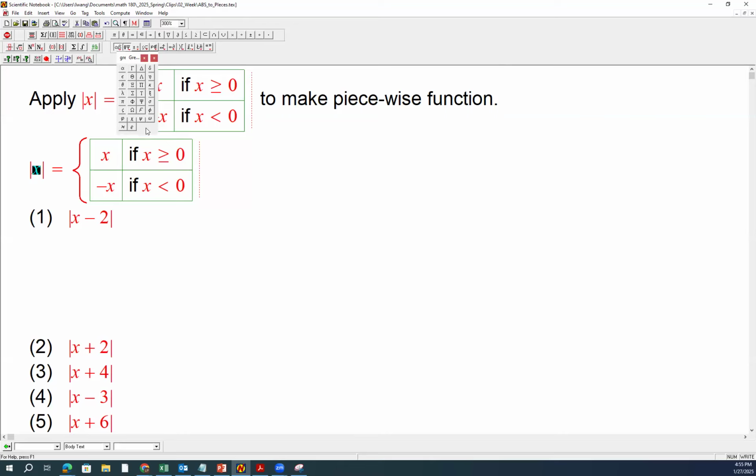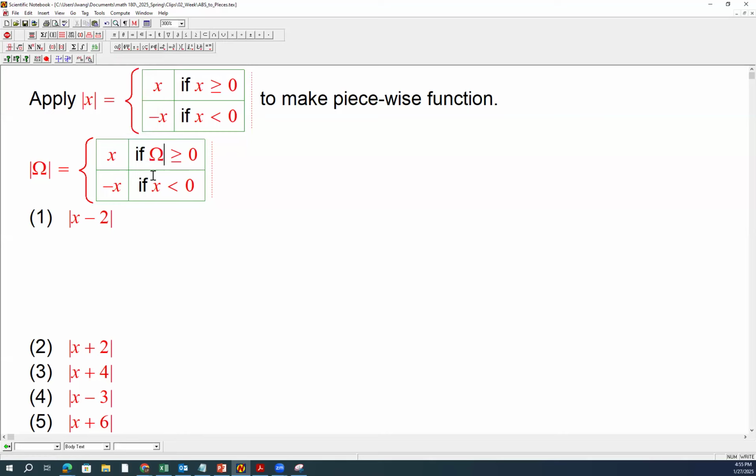Okay, it's omega. If omega is greater than or equal to 0, then the absolute value of omega is omega. If omega is less than 0, the absolute value of omega is negative omega.